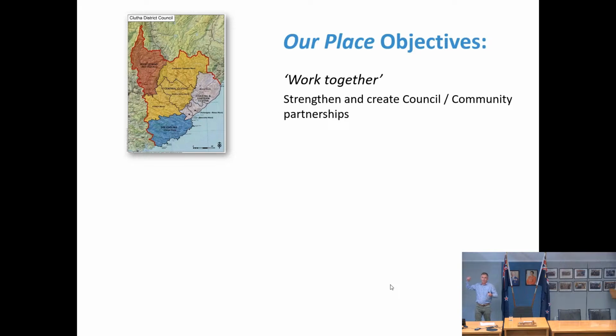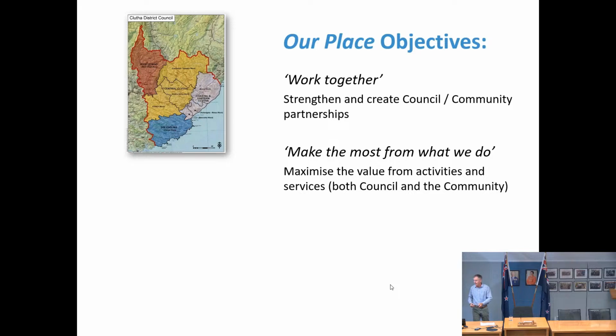Obviously council has a role to play, but community leaders are also going to play a major role in developing some of these projects. So it's about having that relationship, and improving that relationship between council and community. It's about maximising the value of what we do as well. Resources, funding, and time are always going to be limited in terms of being able to do stuff and make improvements, so it's about making the most out of that. How can we be most efficient and effective?